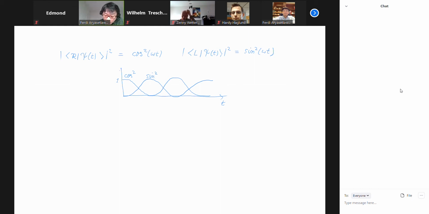So the oscillation frequency omega is given by h bar omega is just 1/2 of the difference between the antisymmetric and symmetric energies.